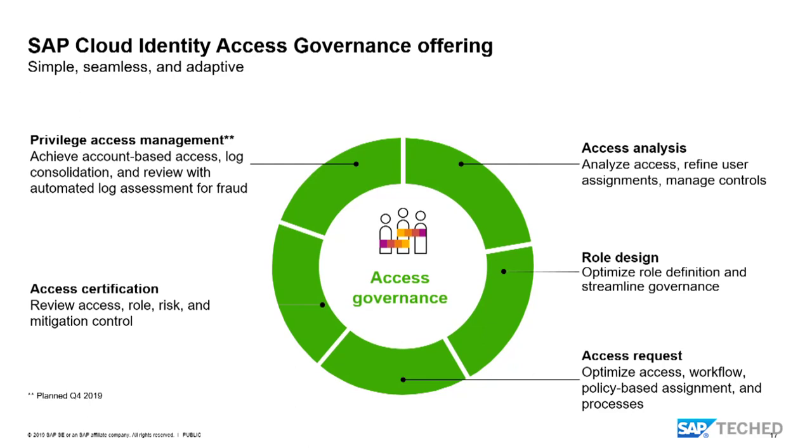Privileged access management, or firefighter, as many people still know it, is planned for here it says Q4, so we hope to have this available by the end of the year. That's what I mentioned earlier, so the capability to give high privileges to a person for a very limited task, for a limited period of time.